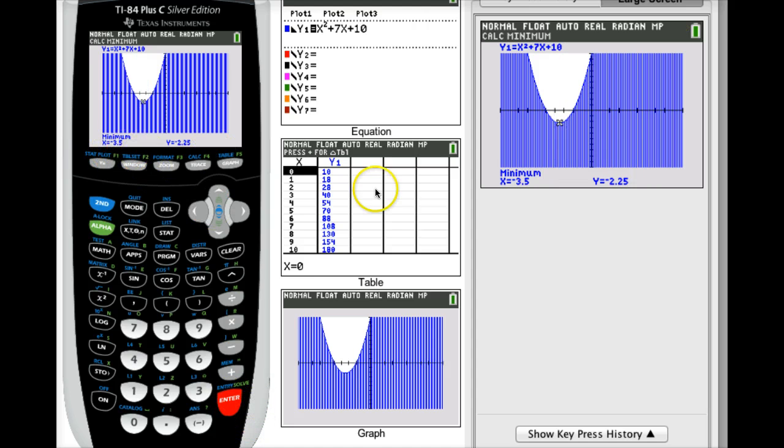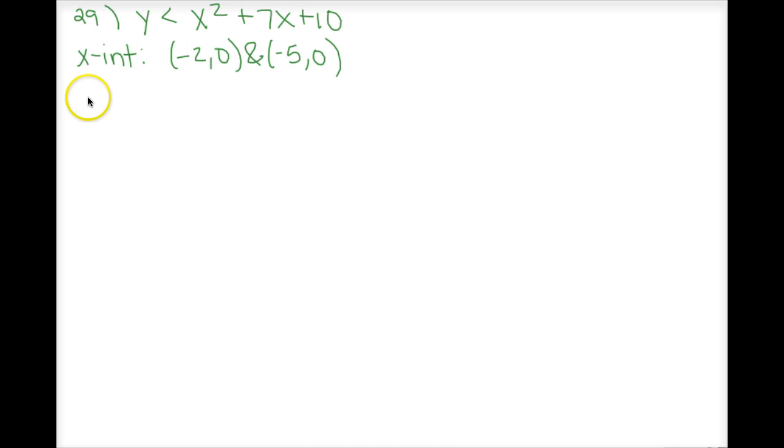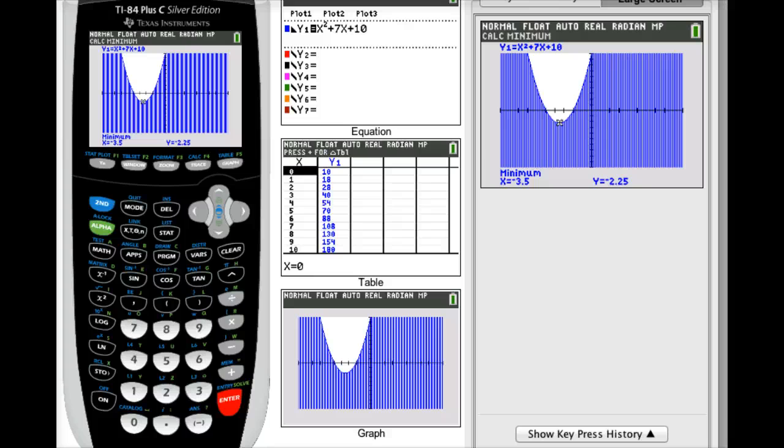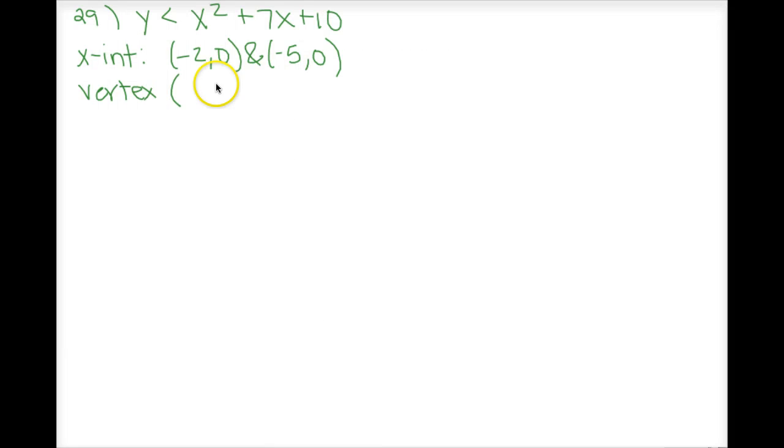Minimum at -3.5, -2.25. So the vertex is at, I already forgot what the coordinates were, -3.5, -2.25. And so if you were asked to graph that inequality, that's the work that you would do.